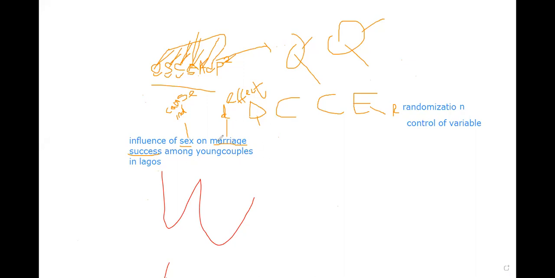Okay, so under this, apart from the independent variable and dependent variable, this independent variable is further divided into wanted and unwanted. Now, the wanted is the thing you have, which is this sex you've already mentioned.